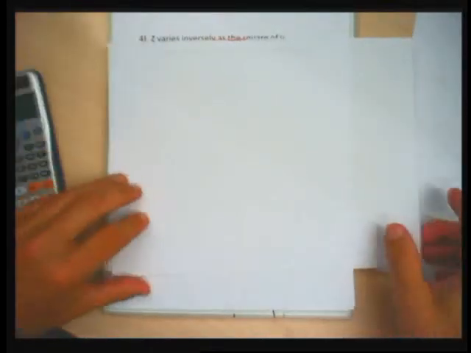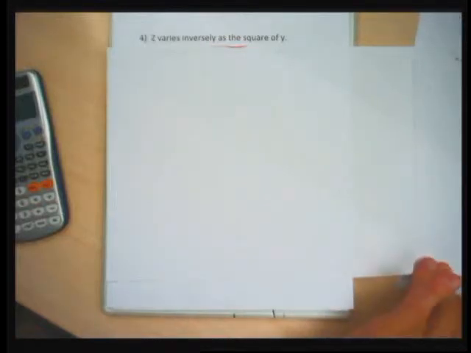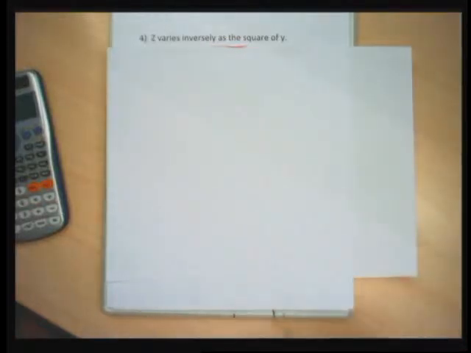So 4 gives me a statement that says z varies inversely as the square of y. And immediately I can write an equation for that because I understand what varies inversely equations look like.